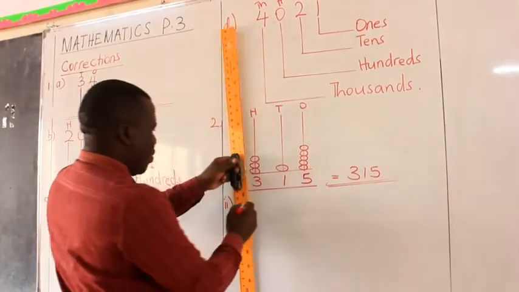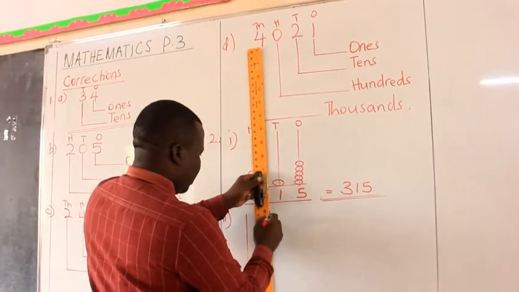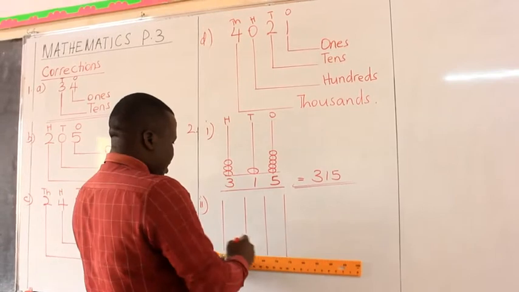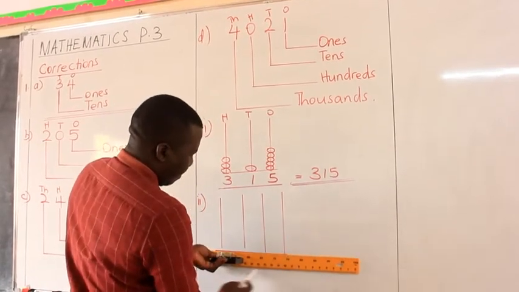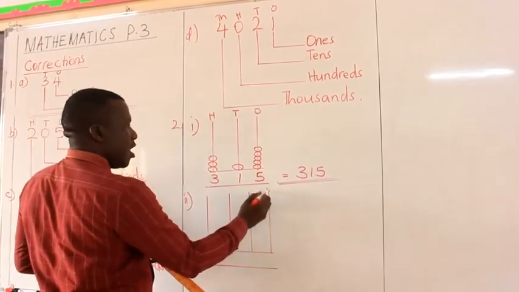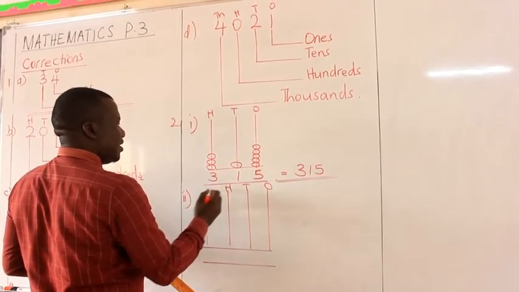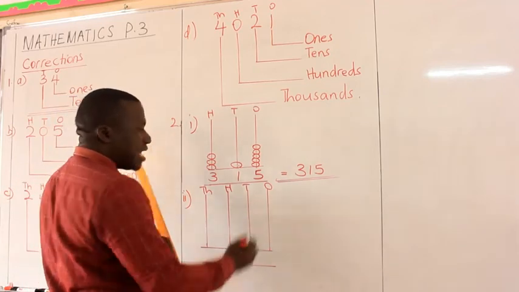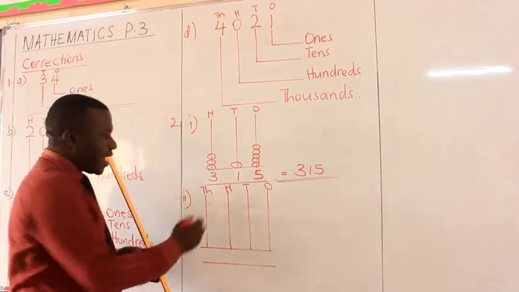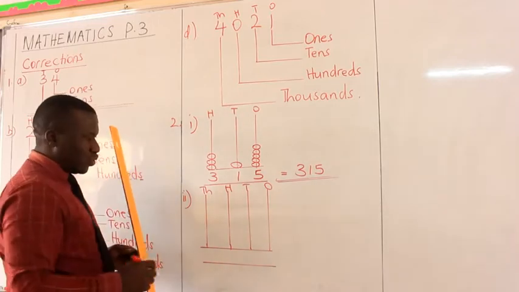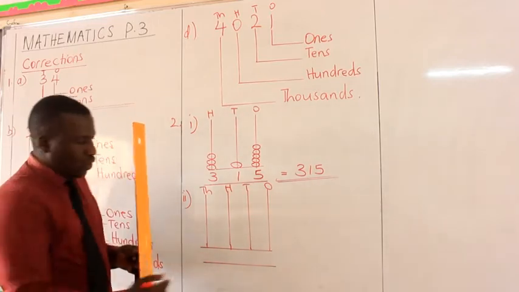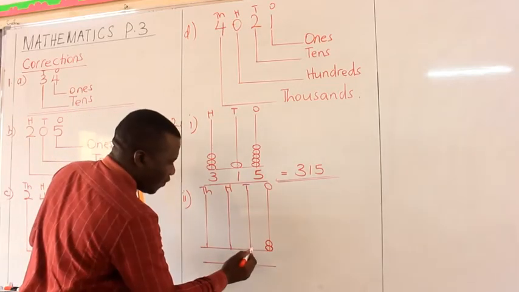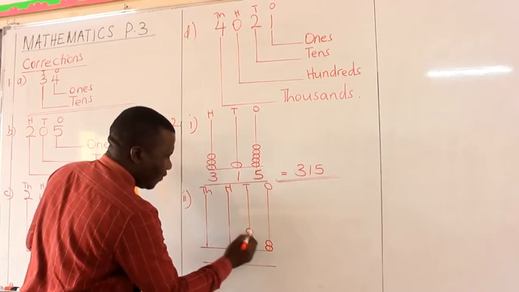Then Roman 2. They drew for you the abacus. This is ones, tens, hundreds, thousands. Remember, even the abacus has got place values. Here they drew 2 beads. Here they drew 4. Here they did not draw anything.